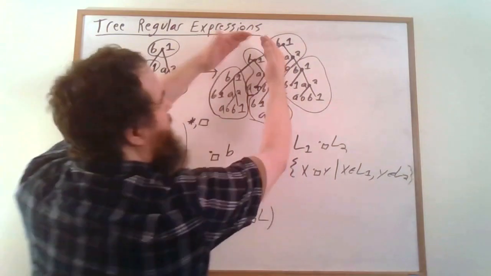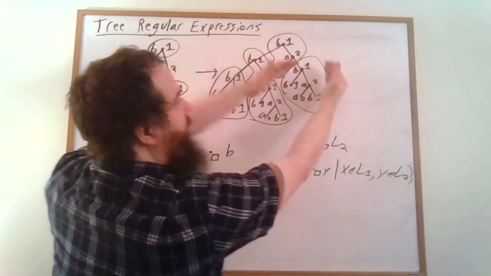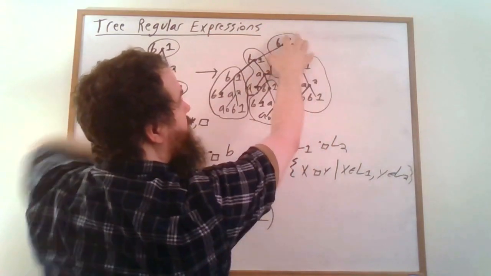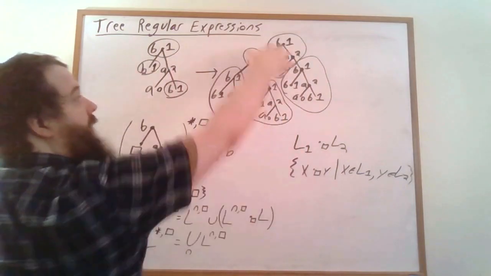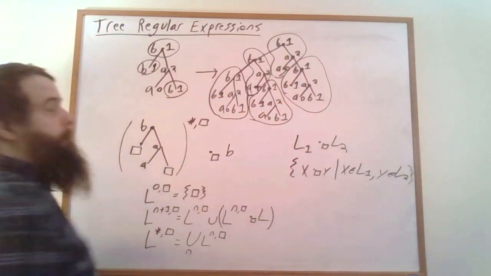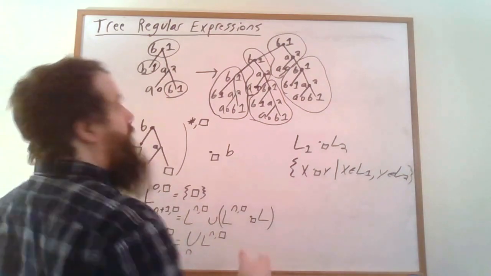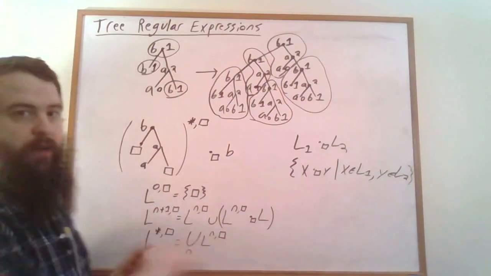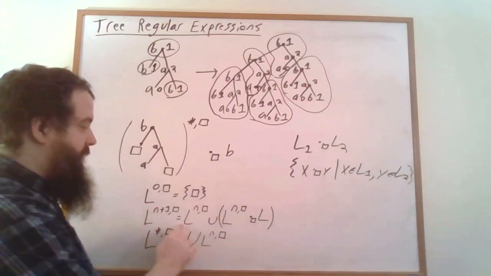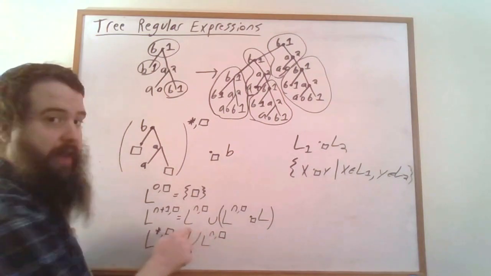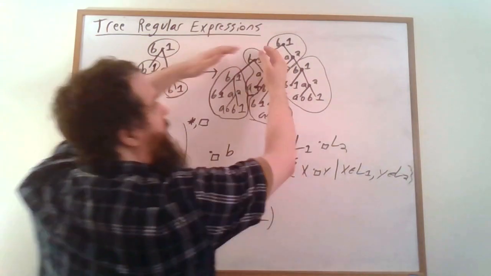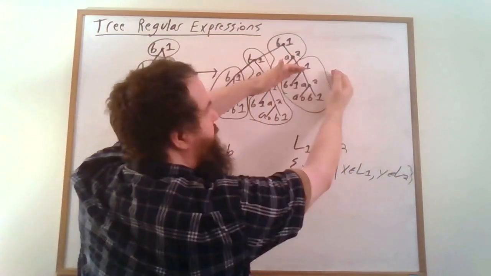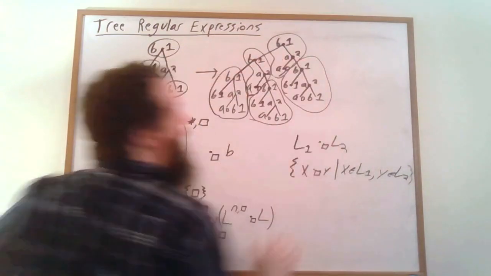And then we'll concatenate this depth 2 tree and this depth 1 tree onto this tree here to get a depth 3 tree. So it's important to allow less than or equal to n when we do this definition, to include this case here, so that we can have trees of different depths merging together.